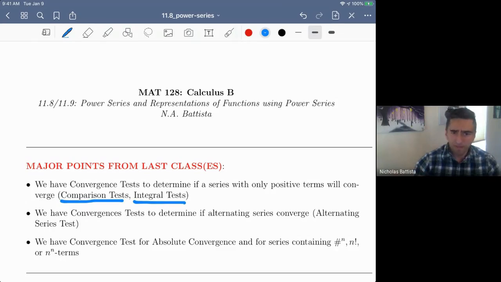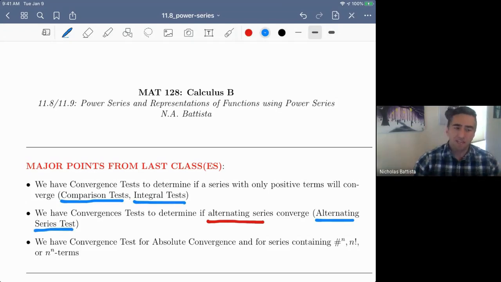Next, we started thinking about what happens if those series start having some positive and negative terms. And we saw that if a series has an alternation in sign, plus, minus, plus, minus, it is what's called an alternating series. And we have a test to help us out with those, the so-called alternating series test.